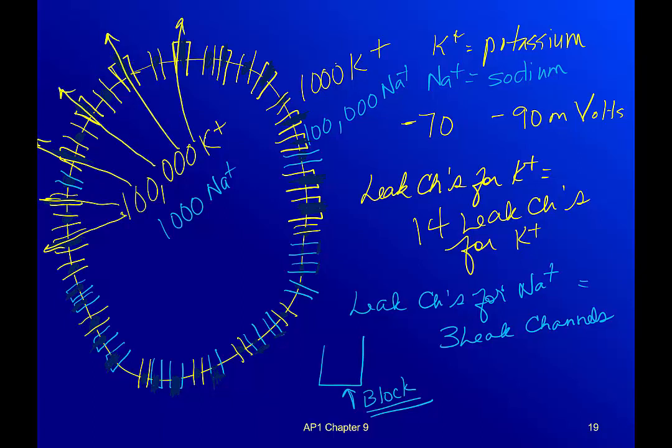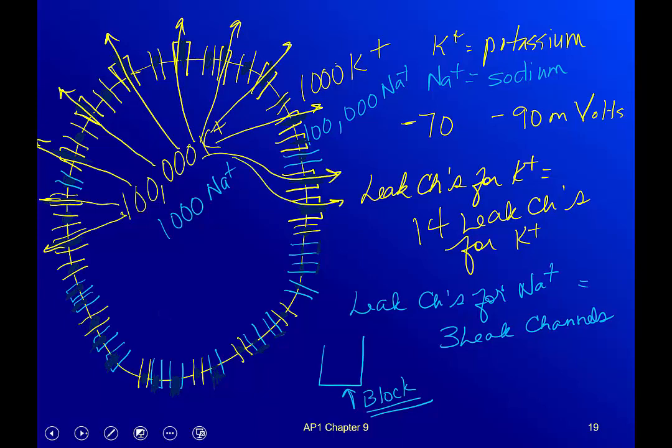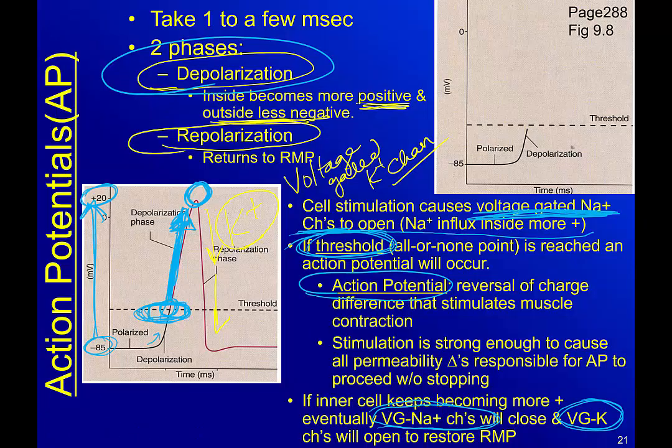So the amount of positive inside of my cell is starting to go down because I'm leaking potassium out all over the place. When that happens, this number that's really high up here will start to drop. And repolarization, remember rewinding, happens. That is because eventually my voltage-gated potassium channels open to get back to this resting membrane potential.